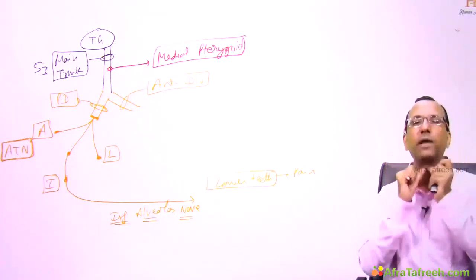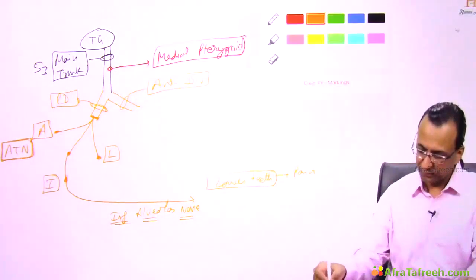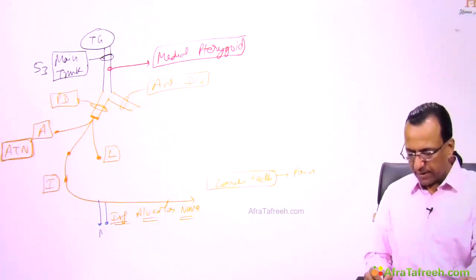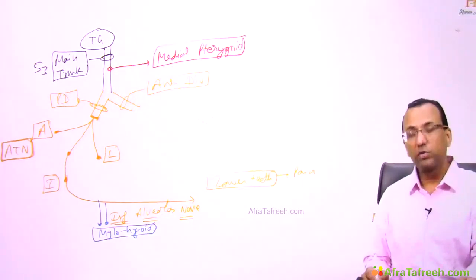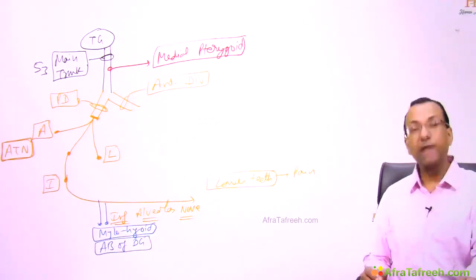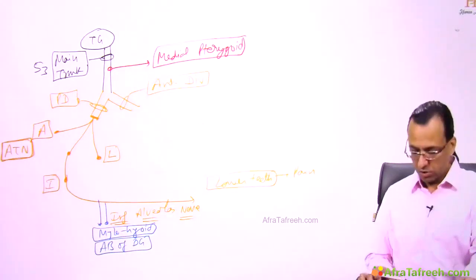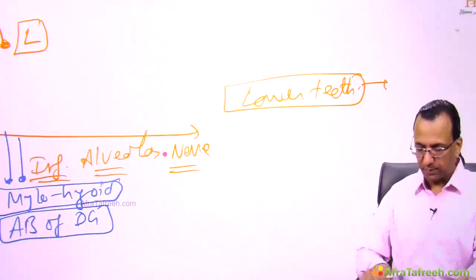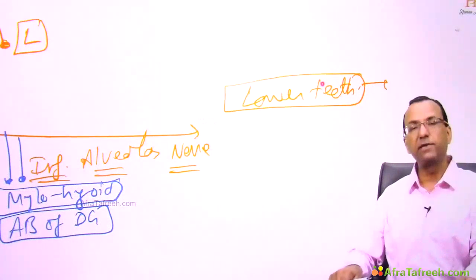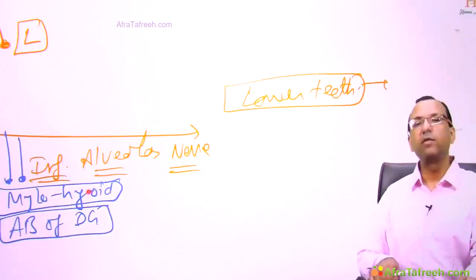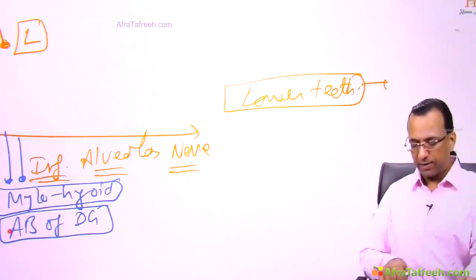The mylohyoid attaches mandible and hyoid bone, and the anterior belly of digastric attaches mandible and hyoid bone. So the inferior alveolar nerve, in addition to supplying sensation of the lower teeth, gives motor supply to 2 muscles.